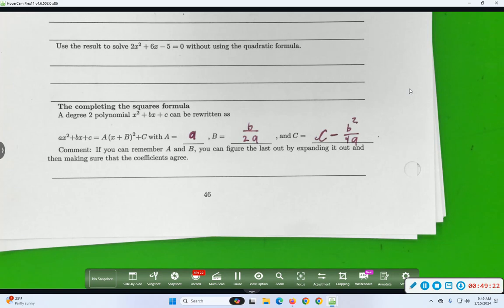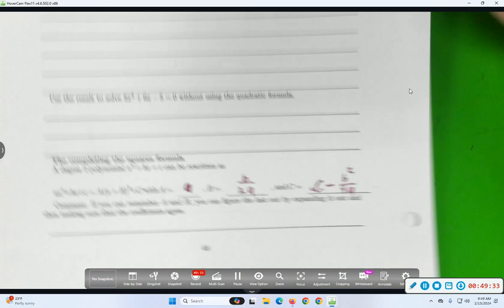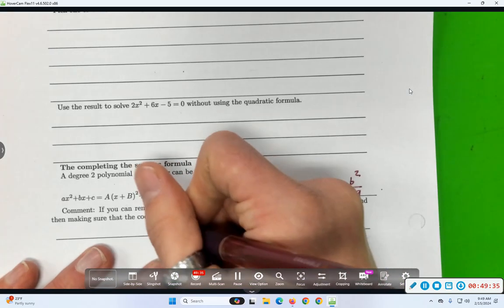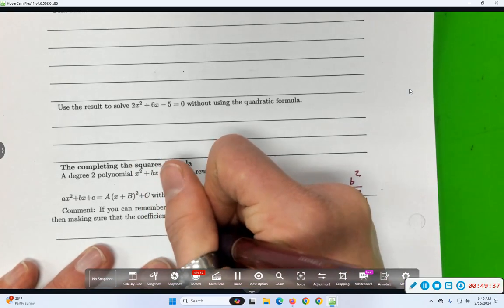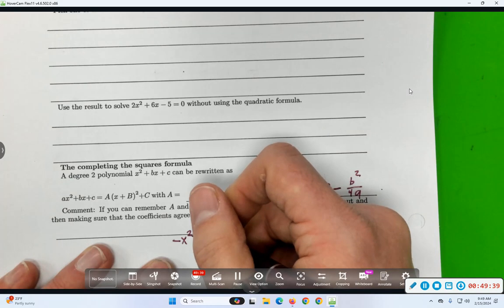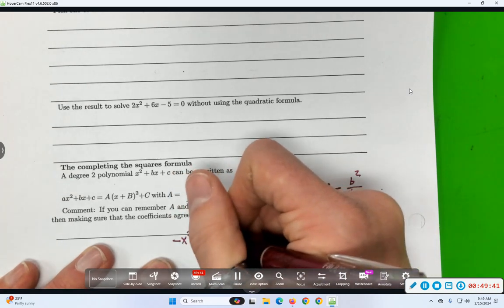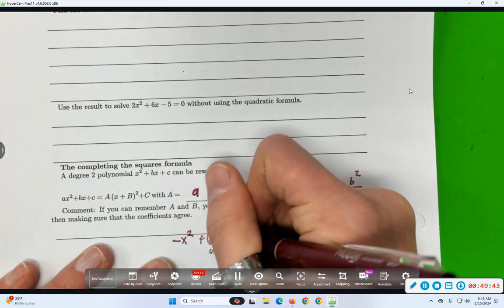So, if you ever want to complete the square and don't want to do the walk, but you're comfortable appealing to a black box formula, there's a black box formula. And to check that, let's apply it to negative x squared plus 6x minus 3.